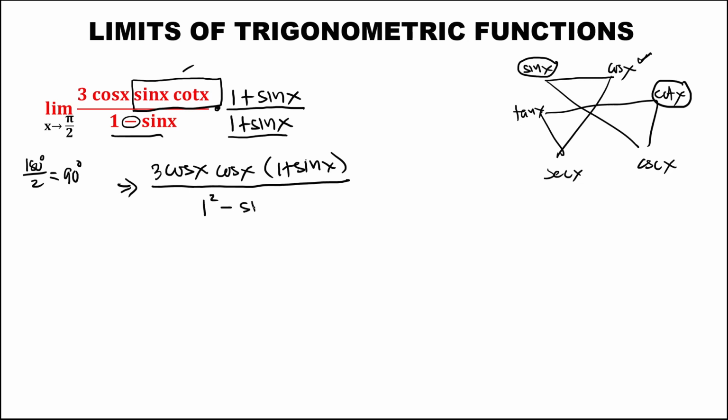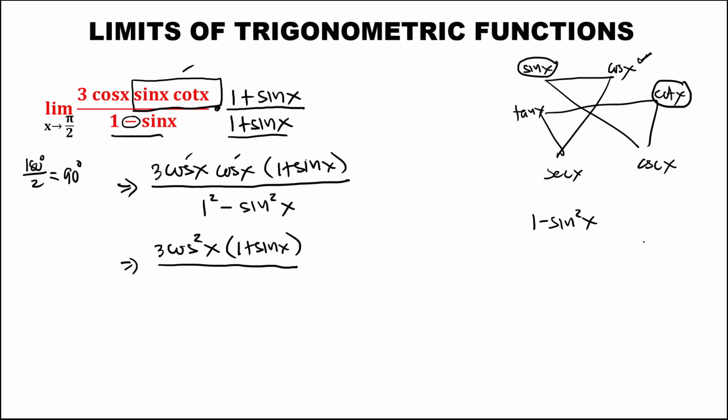this becomes 1 squared minus sine squared x. Then to simplify, we have 3 cosine squared x, because cosine x times cosine x is cosine squared x, times 1 plus sine x, over this 1 minus sine squared x. There is an identity that 1 minus sine squared x is equal to cosine squared x.